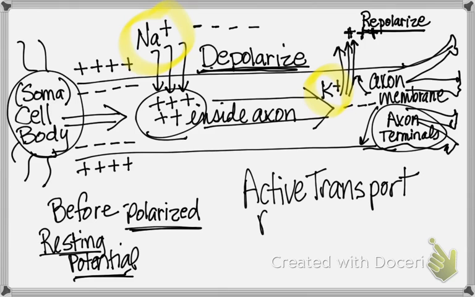So it requires lots of energy in the form of ATP. Do you guys remember which organelle is responsible? The mitochondria. Nerve cells have lots of mitochondria because they have high energy needs. That means they require lots of glucose and oxygen. That's why we need to breathe, and that's why we need to eat.